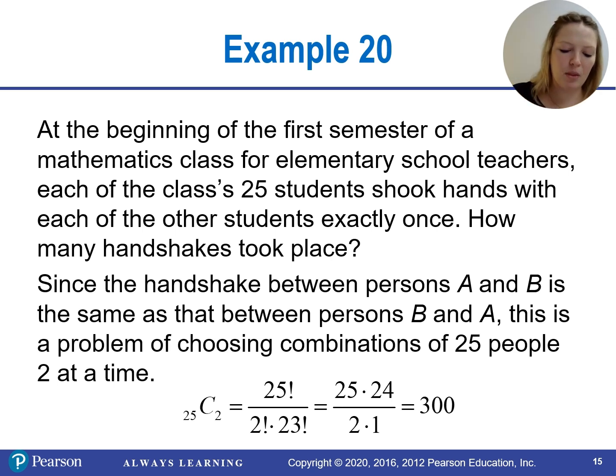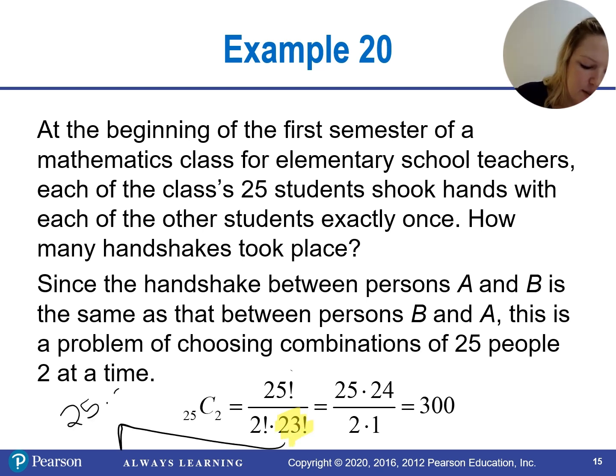So we can find the number of handshakes by saying 25 choose 2, the number of ways we can choose 2 people from the set of 25 when those 2 people are not repeated, right? You're not going to shake hands with yourself. That would be 25 factorial over 2 factorial times 23 factorial, the 23 factorial coming from 25 minus 2 factorial. Working it out, we get 300.